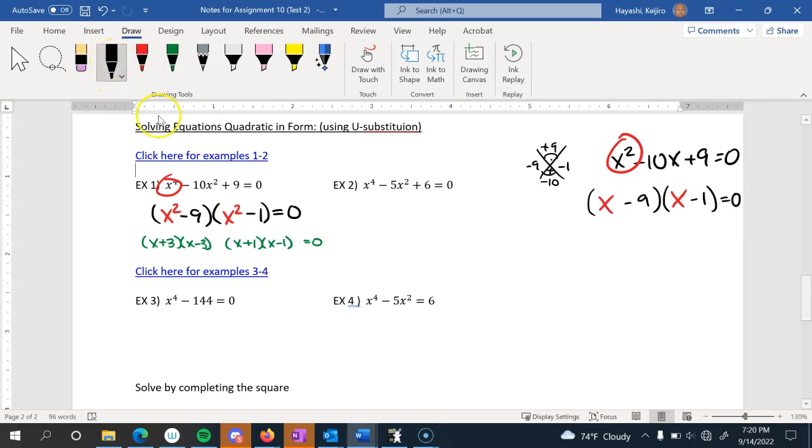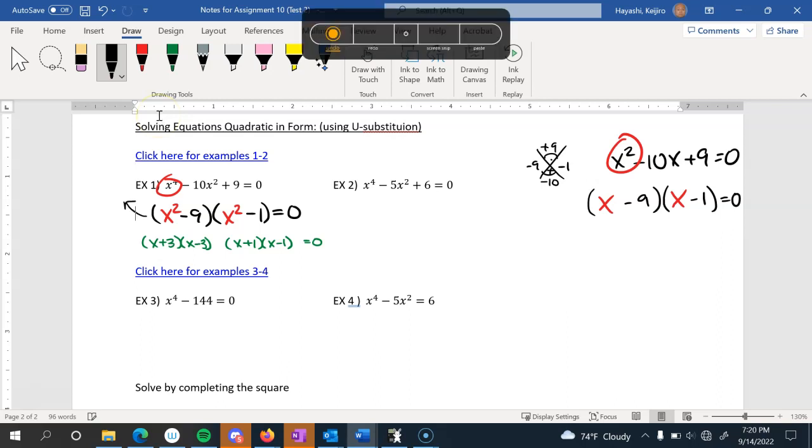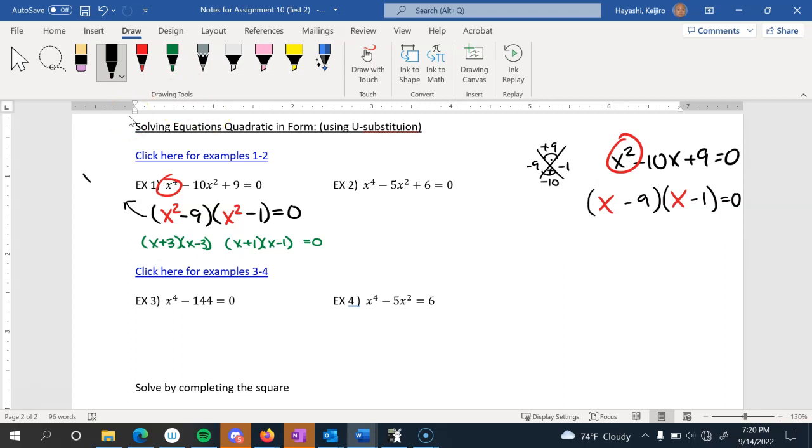The other way is you can actually set them equal to 0 from the way they are written here, now that you know the square root property. If x squared minus 9 equals 0, x squared equals 9. So what does x equal?